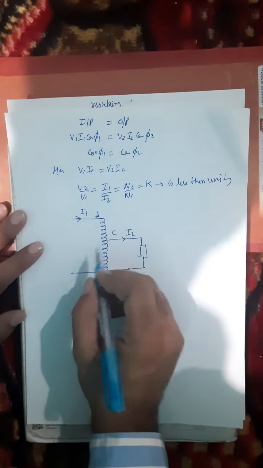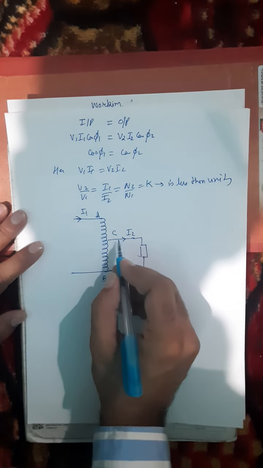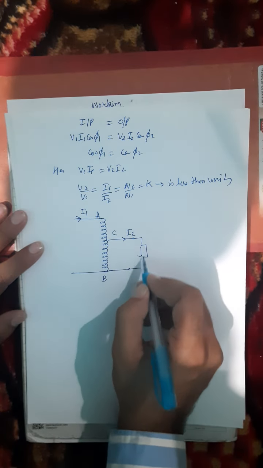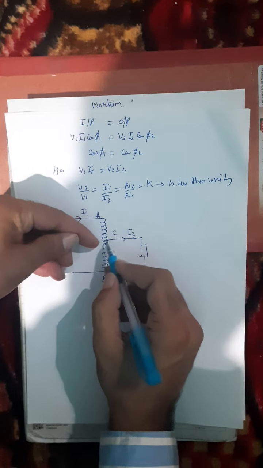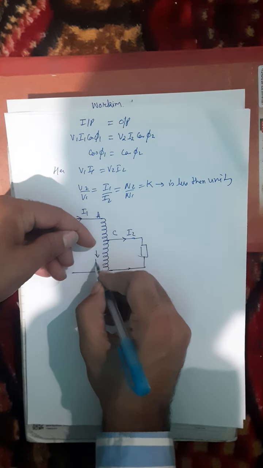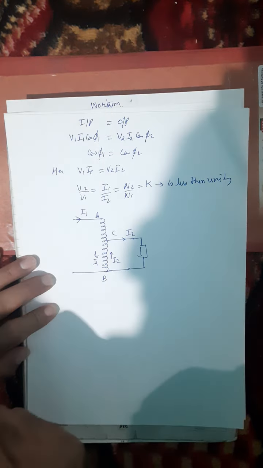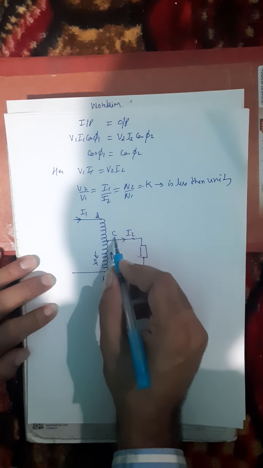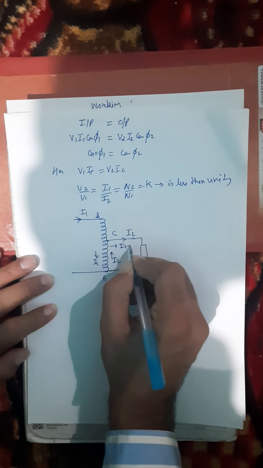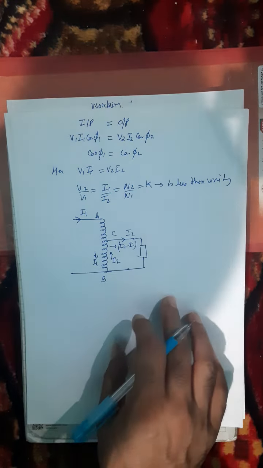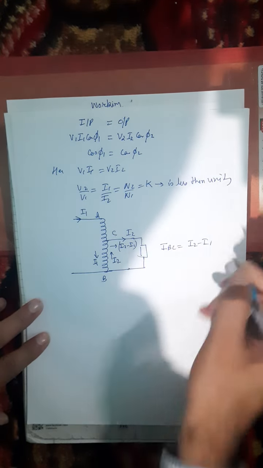The current I1 in the winding AB is flowing from A to B, and the current in the winding BC is flowing from B to C. In this section, the current I1 is flowing in this direction, and the current I2 is flowing in this direction. Since I2 is greater than I1, the net current in this section BC will be I2 minus I1, or I can write that IBC is equal to I2 minus I1.